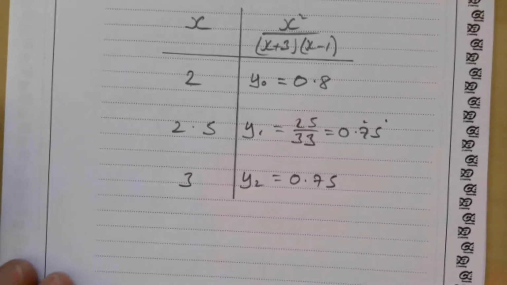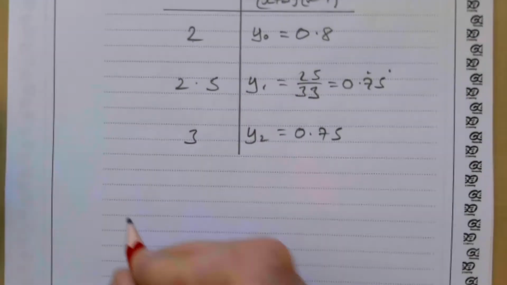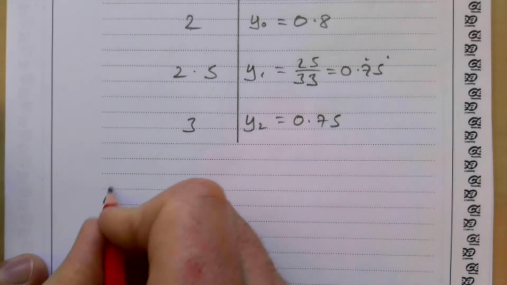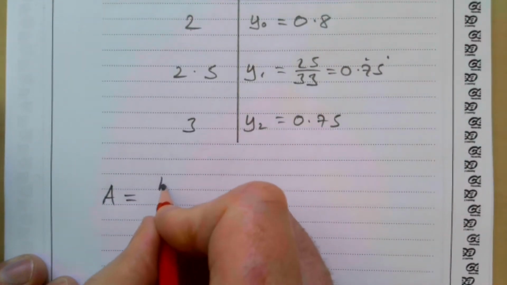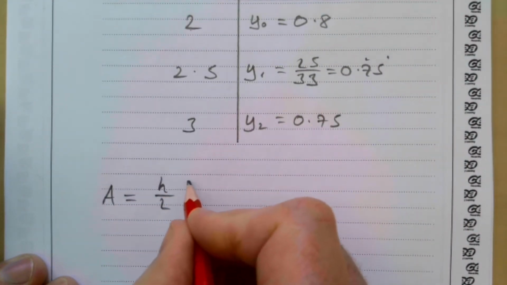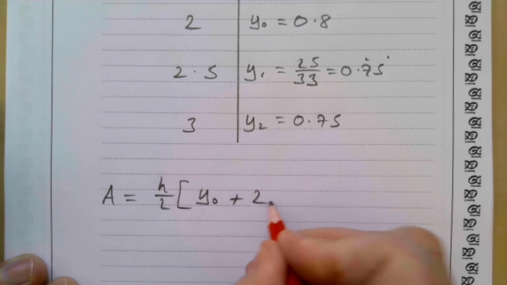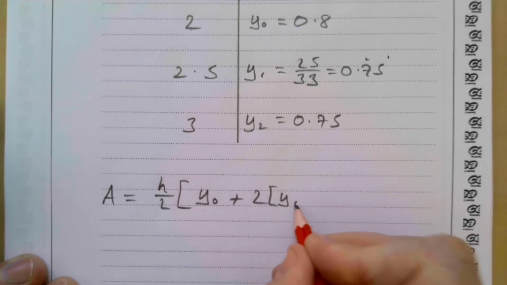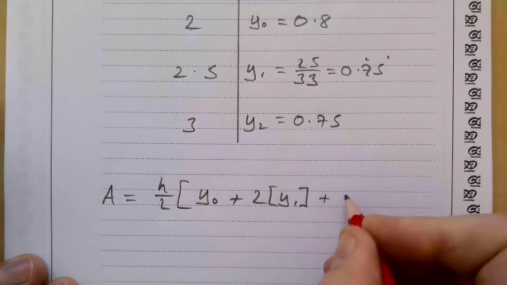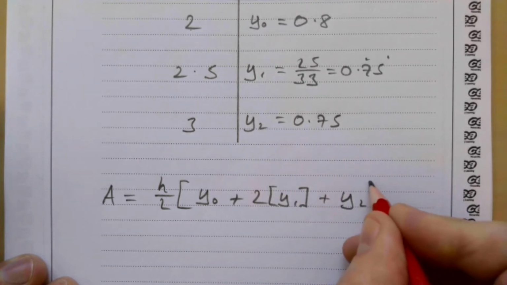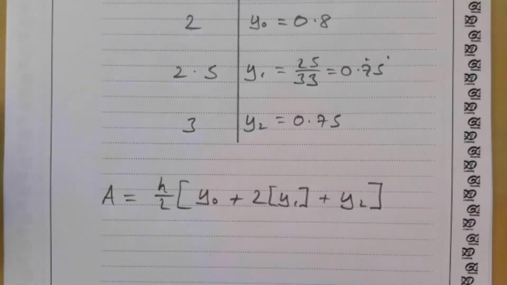So using our trapezium rule then, our area is h over 2 times y0 plus 2 times y1 plus y2. Normally, you have more ordinates than this to deal with, but that's what we're going to have.